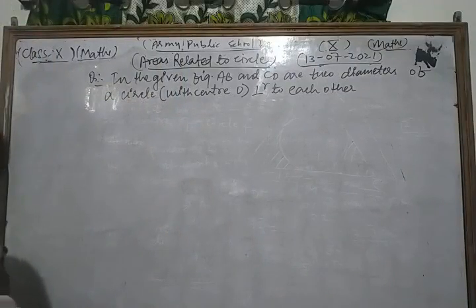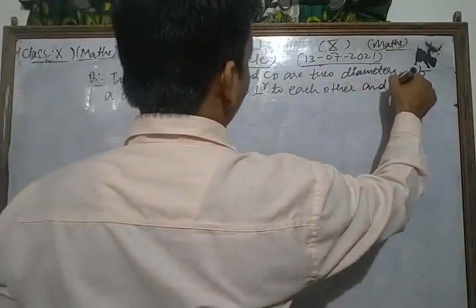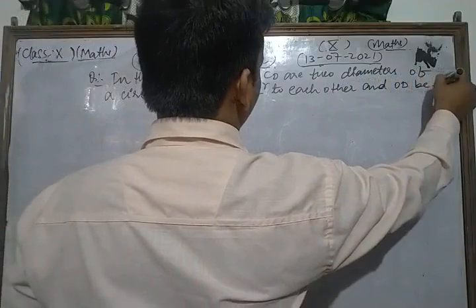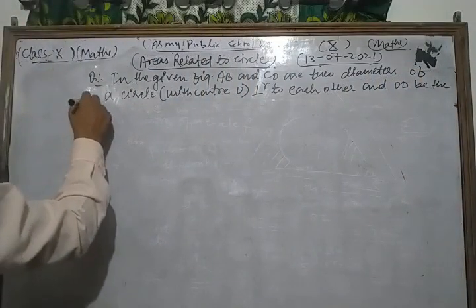And OD is the diameter of the smaller circle.